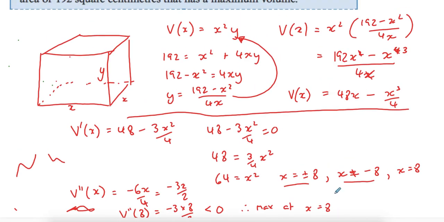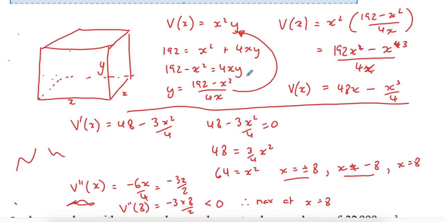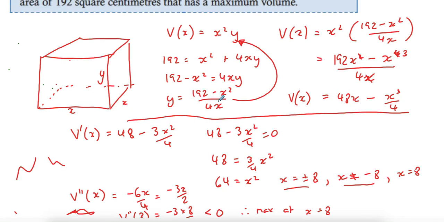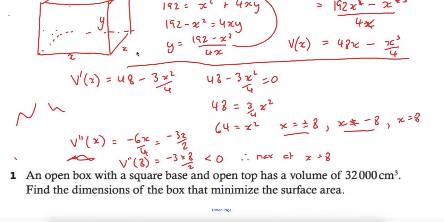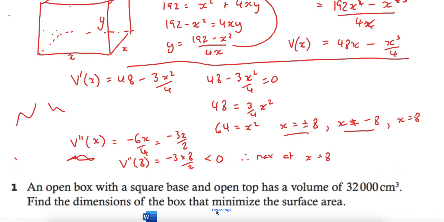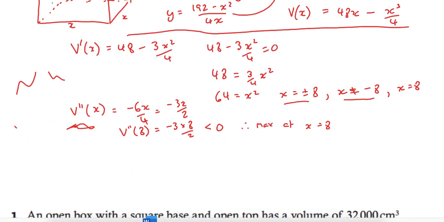Now, remember, there is still one other thing we need to do. We were told to find the dimensions, and we've only found one dimension. So we also need to know what y is. To find y, you just substitute in.